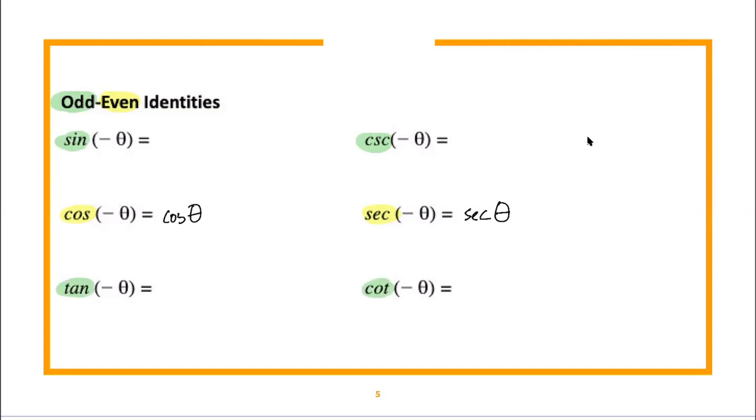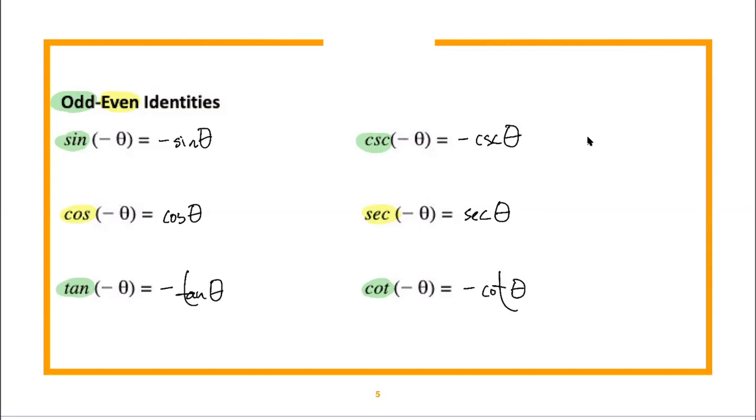And what that means is that sine of negative theta gives you negative sine theta. And same thing for the other 4. It's going to equal the negative of the regular angle. So negative cosecant theta, negative cotangent theta, negative tangent theta.